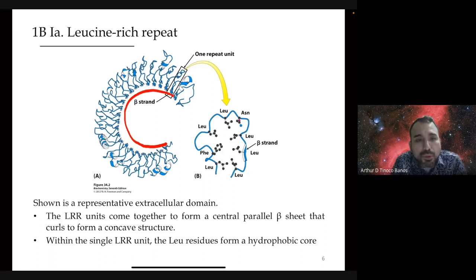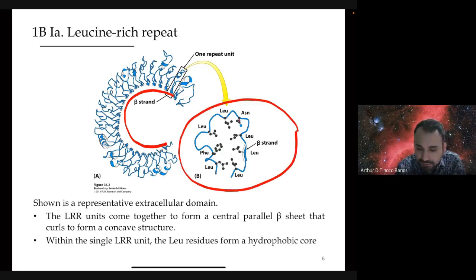Then when we look at one specific repeat, as represented here, you can see the presence of 6 leucines. So within the single LRR unit, the leucine residues form a hydrophobic core, and that's actually quite important.